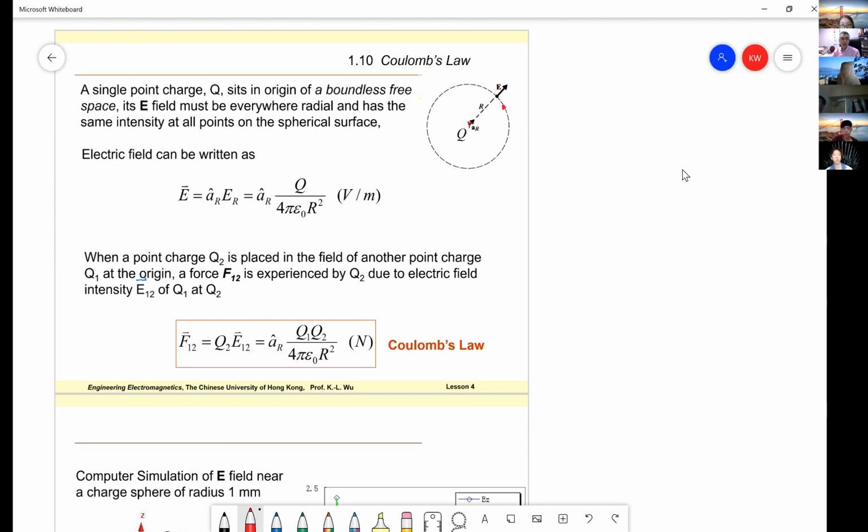If they have different properties, then they attract each other. So that is the force we can measure, right? Then people come up with such an elegant equation.